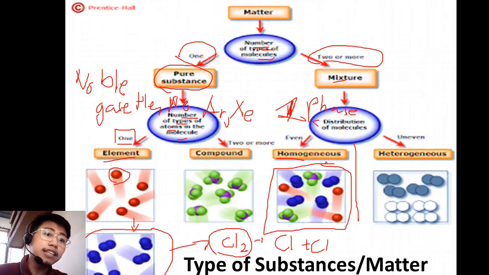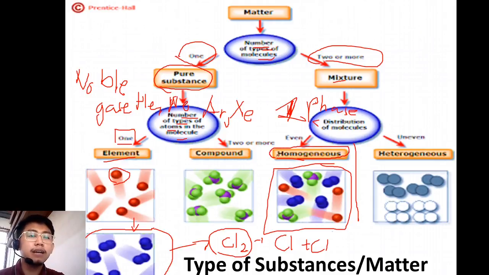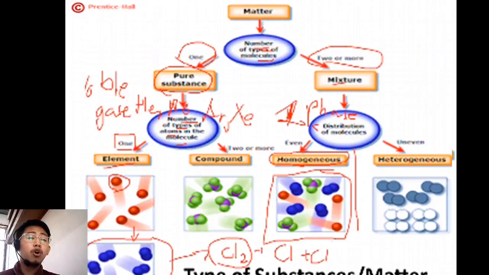As I have said earlier, when you look at a chlorine gas, it's yellow. But when it is dissolved in the air, it turns invisible. Why? Because air has the characteristic of being invisible, and that is its phase. That is a very good example of a homogeneous mixture. Another type for solids are alloys. The brass, the bronze, the aluminum alloys, and the steel are solid homogeneous mixtures.